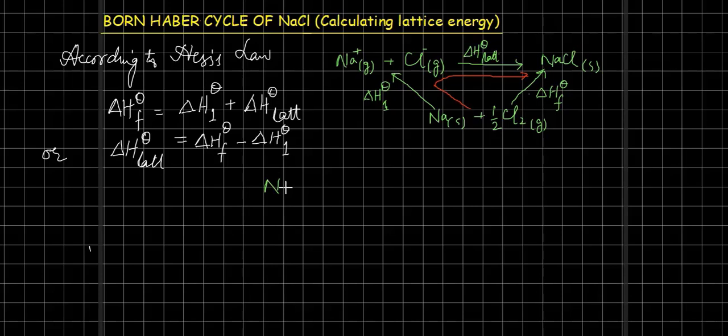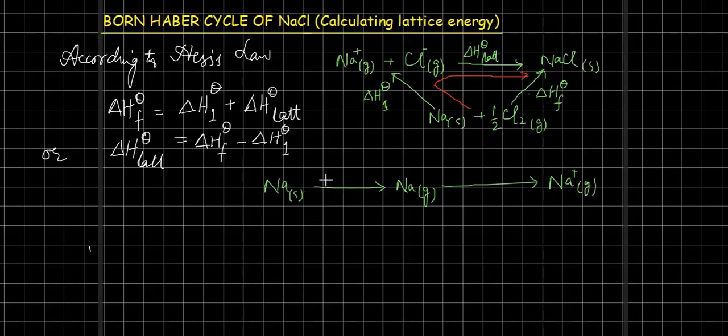In the first step, solid sodium, using the standard enthalpy change of atomization, changes first into a sodium atom in gaseous state, and then into a sodium ion in gaseous state, before the formation of the ionic lattice.